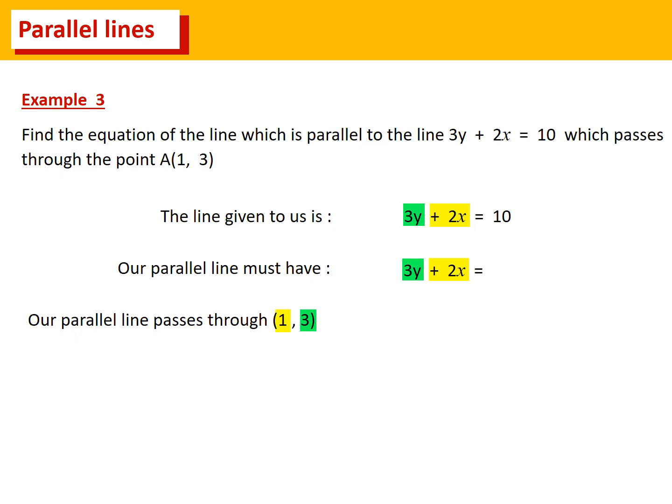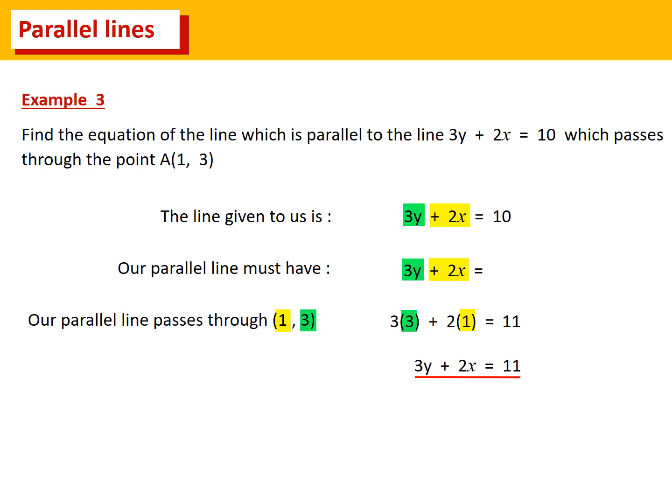So we substitute those values of 1 and 3 into our equation. 3 times y becomes 3 times 3. 2 times x becomes 2 times 1. And now that left-hand side is 9 plus 2. Well, 9 plus 2 has to equal 11. So our final equation is 3y plus 2x equals 11.